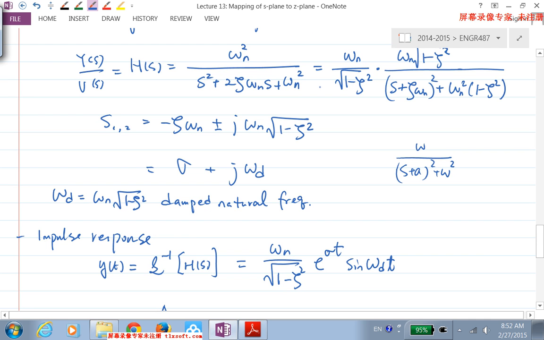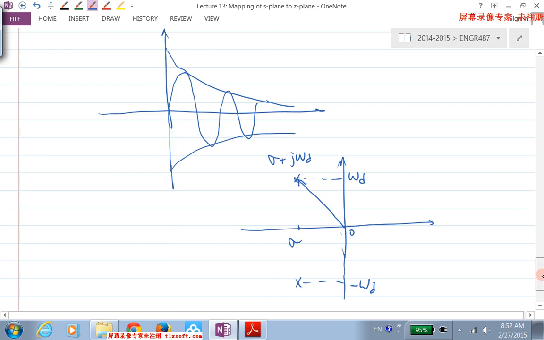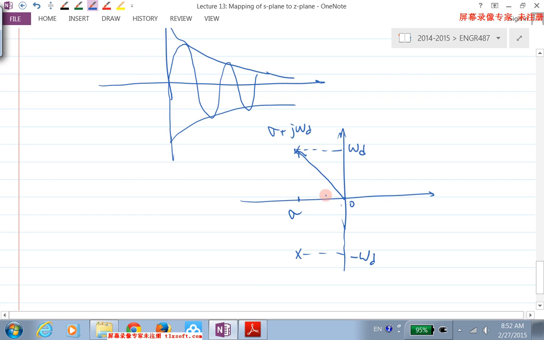When you add these two together, the terms cancel, and you end up with just omega n squared. Then you take the square root, and you get omega n. So the magnitude of this quantity is omega n, the natural frequency.